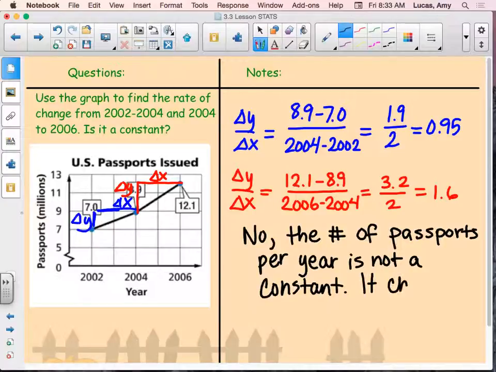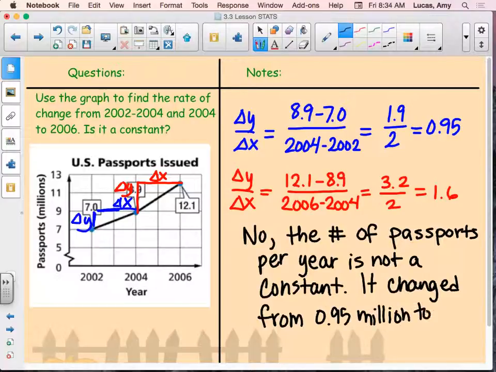It changed from 0.95 million to 1.6 million.